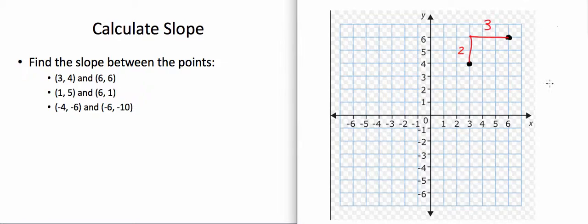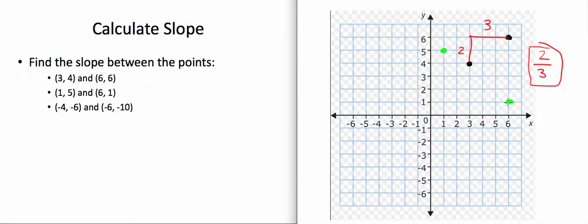So our slope becomes 2/3. We count, the rise is 2, the run is 3, so it's 2 over 3. That becomes our slope. We could also do the same thing. We would have the points, we got 1, 5, which is right here, and then 6, 1, which is over here.